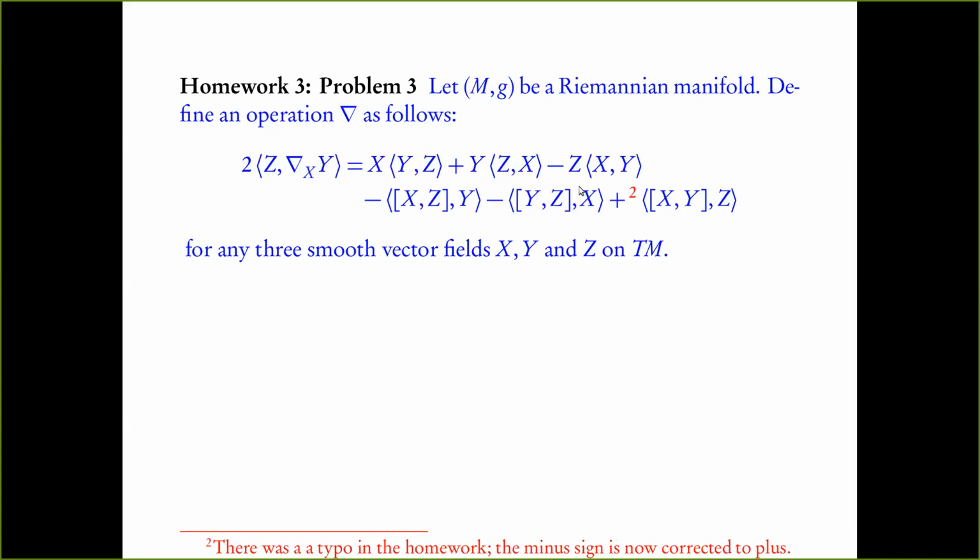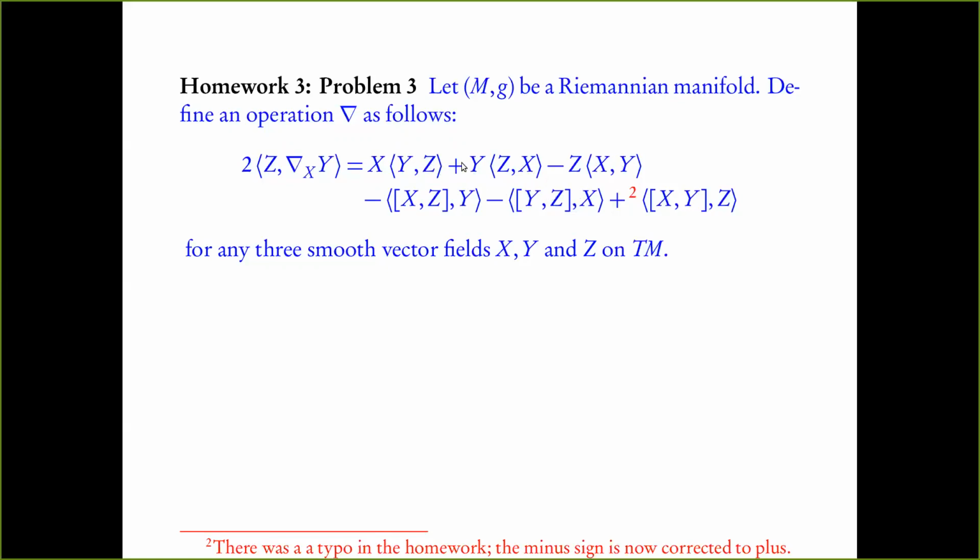But remember, this one is also nice. If you put f in front of X's everywhere, this one is good. This one, well, you don't know, because it's the inner product of Z with fX, but then there's a Y acting on that. Similarly, this is not quite that good. Same with here. But this one is nice, because if you put f here, this f comes out because the inner product is bilinear pointwise. It's C infinity of M linear in each of the coordinates, so you can pull the f out.